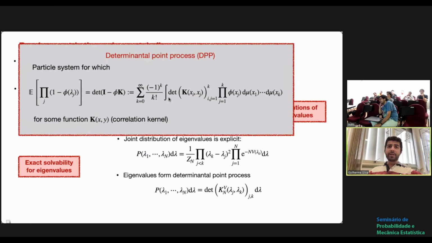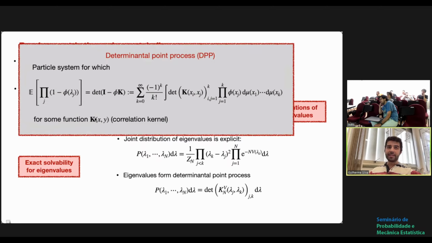Here phi is just some regular enough test function. It's a series, but don't care much about the exact form of it. The most important part is that all those multiplicative statistics can be computed solely in terms of a function of two variables.